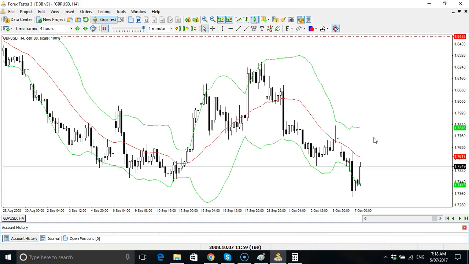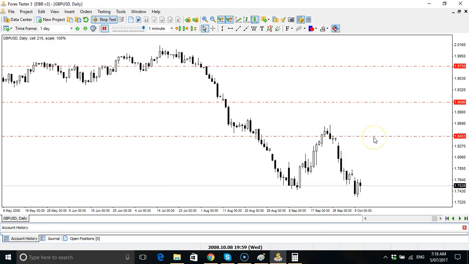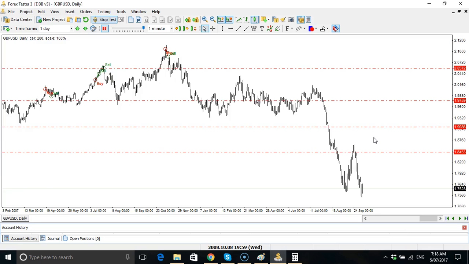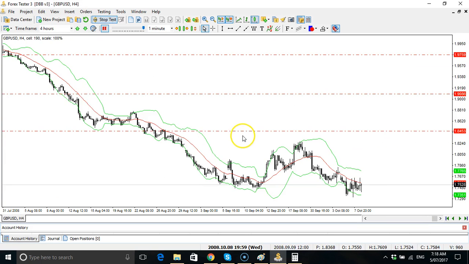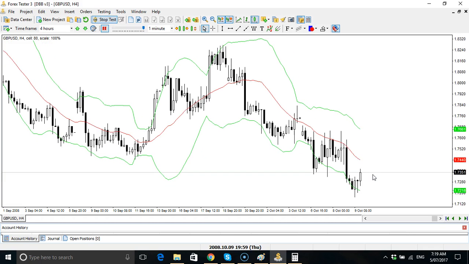Alright, so we want it to break lower. How's the weekly? I just like to make sure we've got plenty of room to the next resistance or support zone, because we're obviously looking for a sell trade.